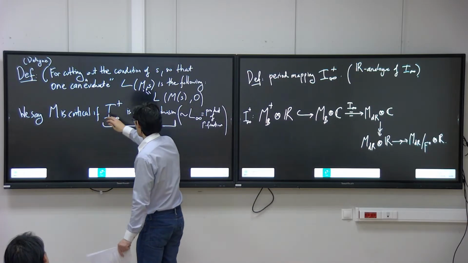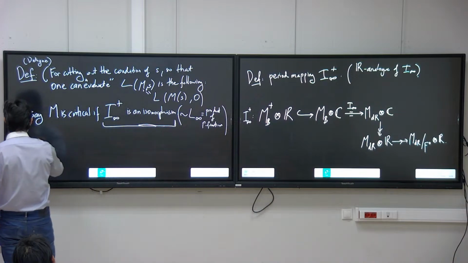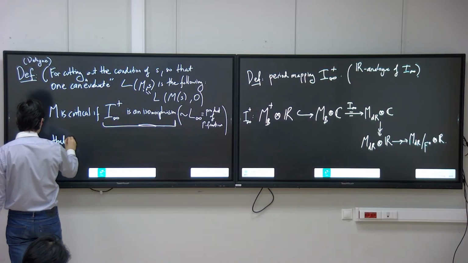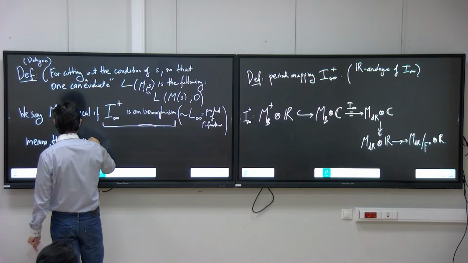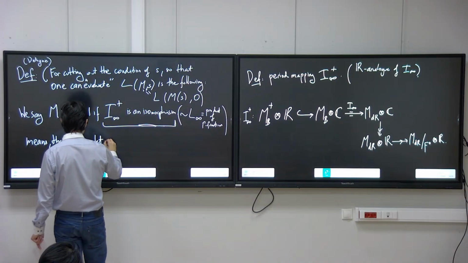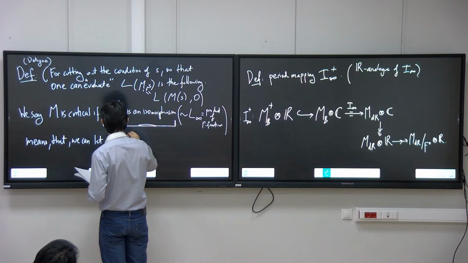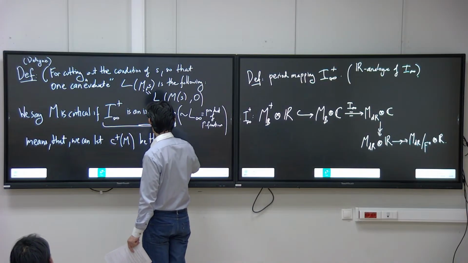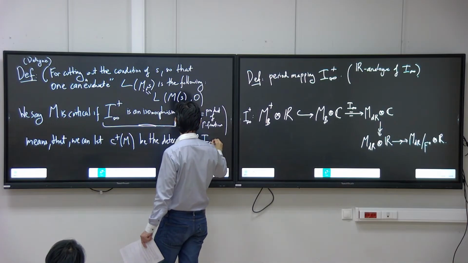So in any case, I infinity plus being an isomorphism means that, as it's a linear map, we can let C plus of M be the determinant of I infinity plus.